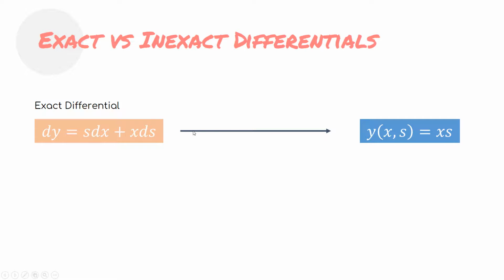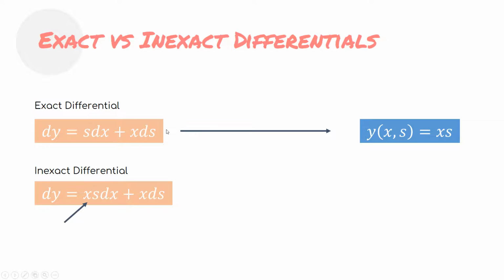On the contrary, for an inexact differential, if I put an x in front of this coefficient, and I ask you to find the function whose differential is this form, even if you write all the functions in this universe, you will not find a function y that gives you this differential. That's how the inexact differential is defined.